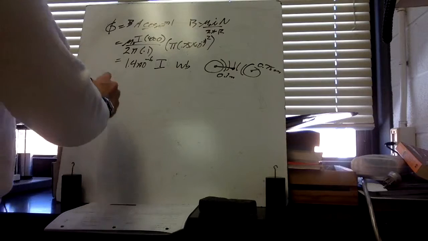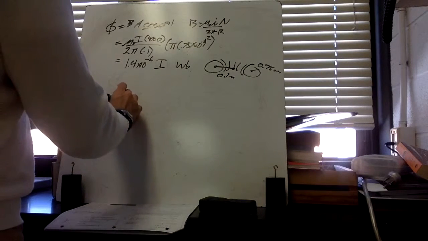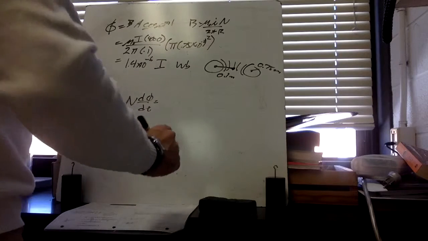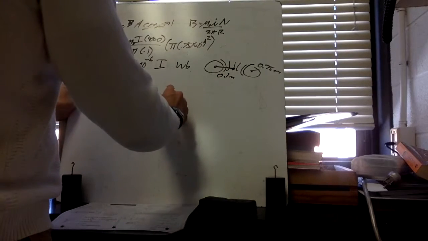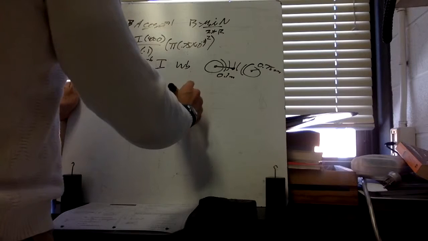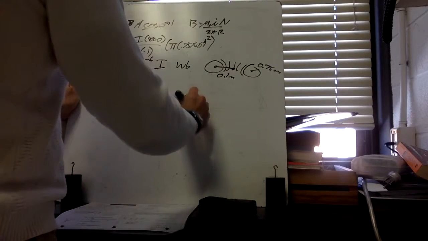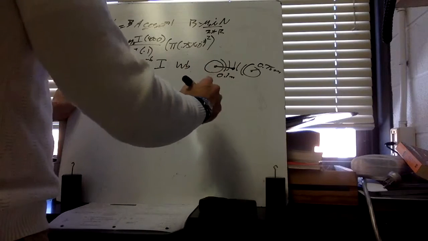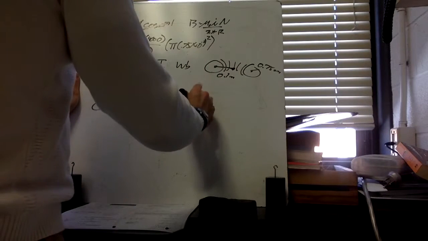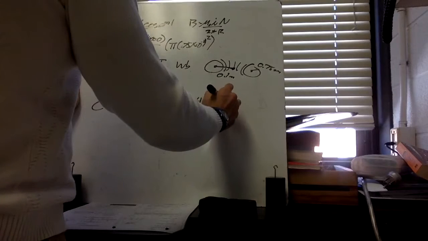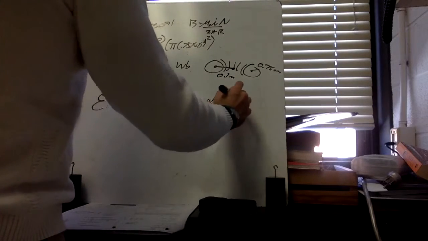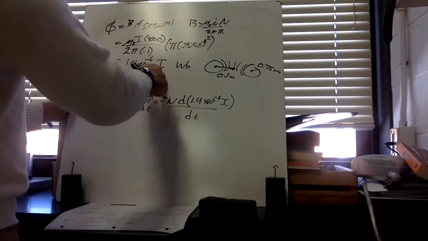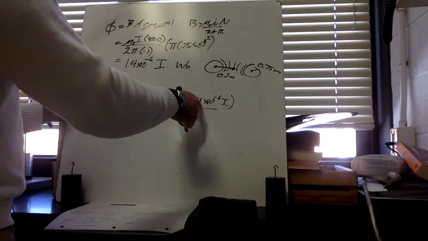centimeters. So now for the induced EMF, that's negative n d phi dt. So we're looking here at negative n, and now we're looking for the derivative of this. Right, it's actually a function. And so 1.4 times 10 to the negative 6th I over dt. Now we have what this is, right? di dt, this is a constant.